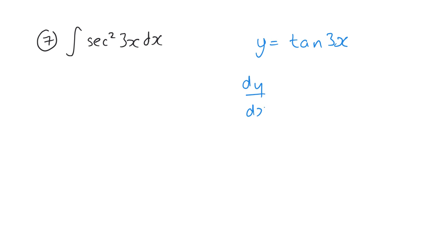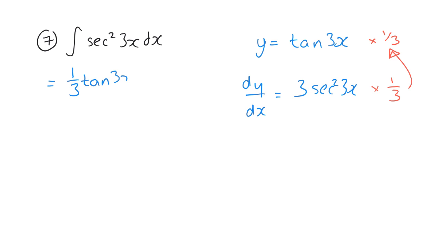So if we differentiate that, we would get sec squared 3x times 3. But we don't want that 3, so we're going to have to multiply our guess by a third. So this is a third tan 3x, and then remember your plus c.